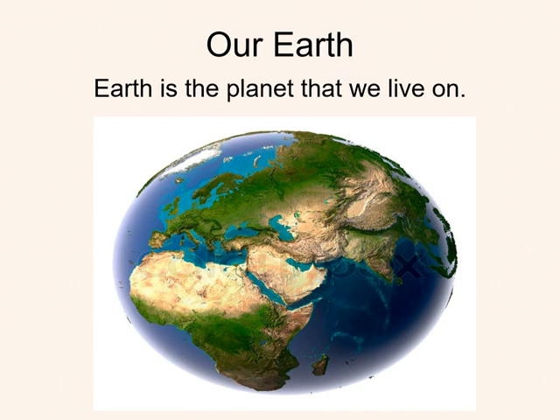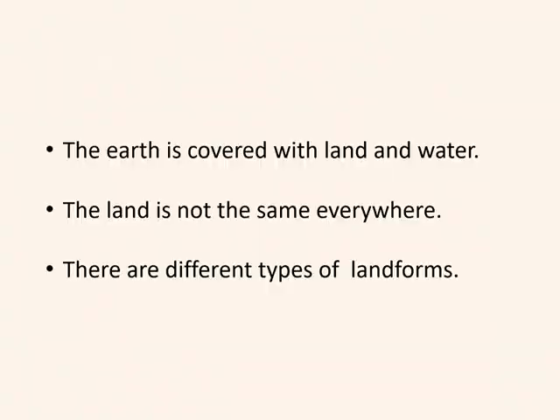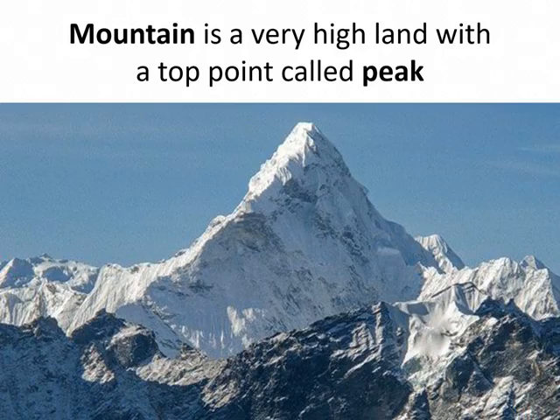There are many kinds of landforms found on the Earth. For example, a mountain. As you can see here, that mountain is very big and very high. The top of the mountain is the highest point of it, and this point is called the peak.